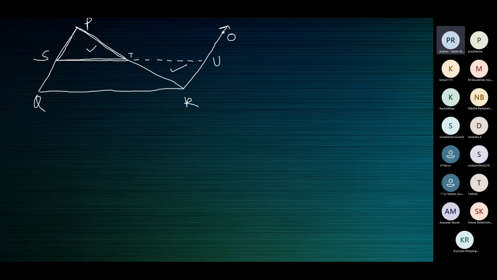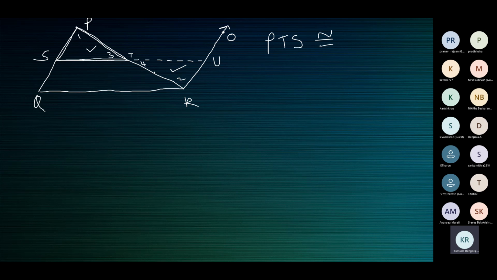And by CPCTC, triangle PTS is congruent to triangle RTU. If you say PTS, match the angles: angle 1 is equal to angle 2, and angle 3 is equal to angle 4.